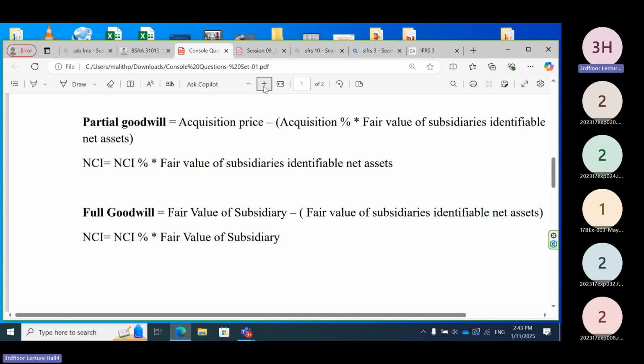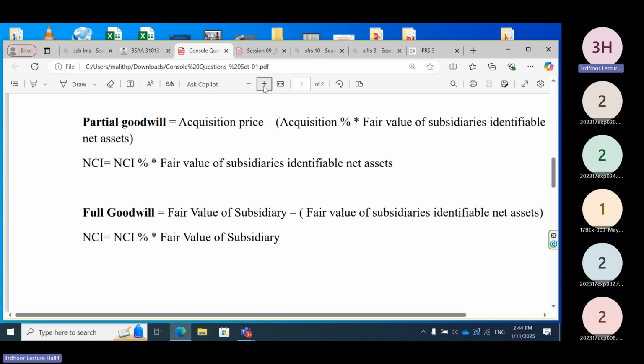In the question, it clearly says the fair value of net assets of the subsidiary is 800.